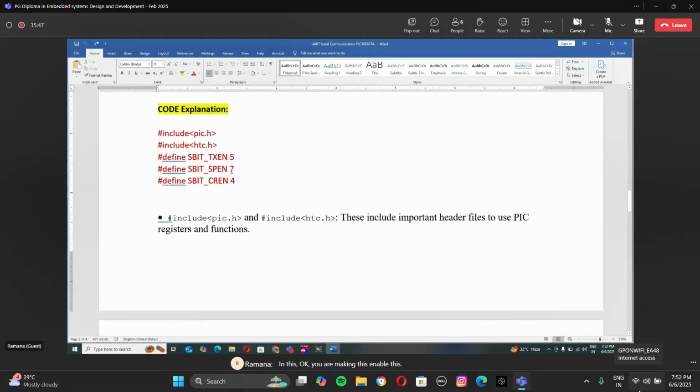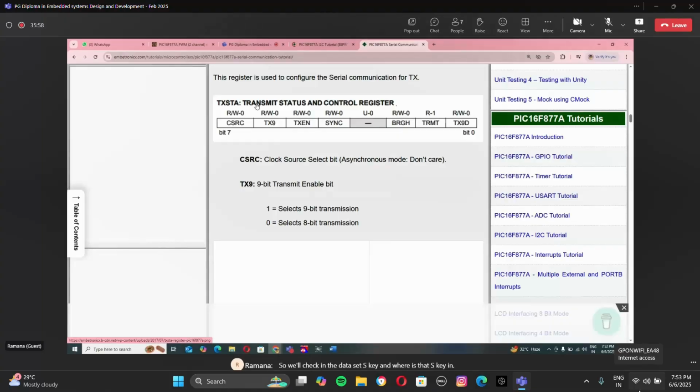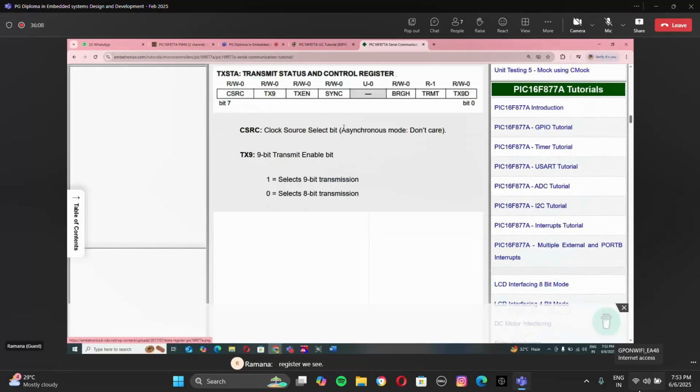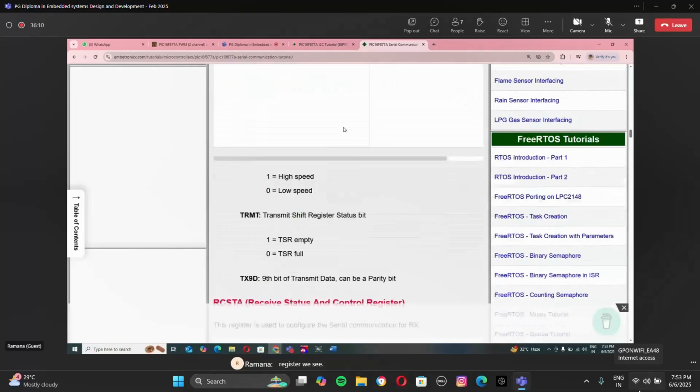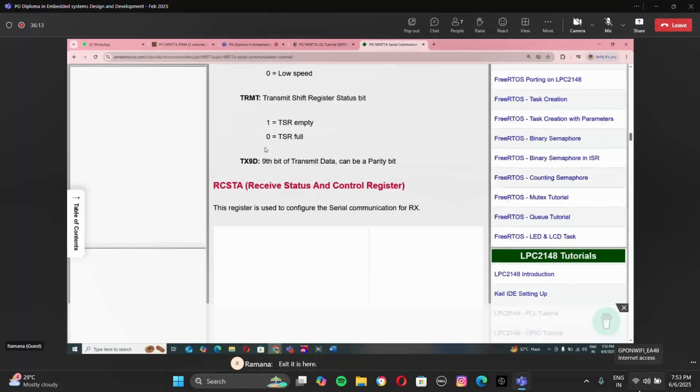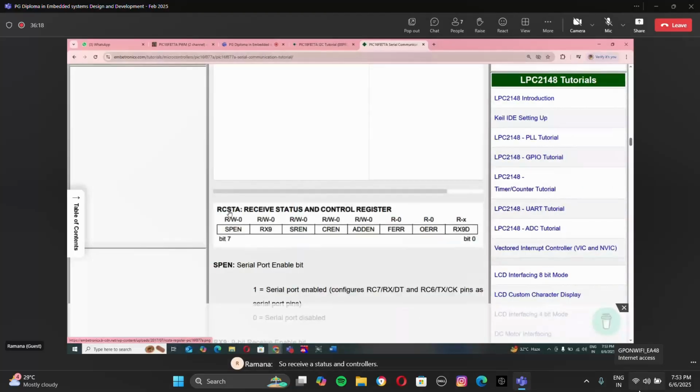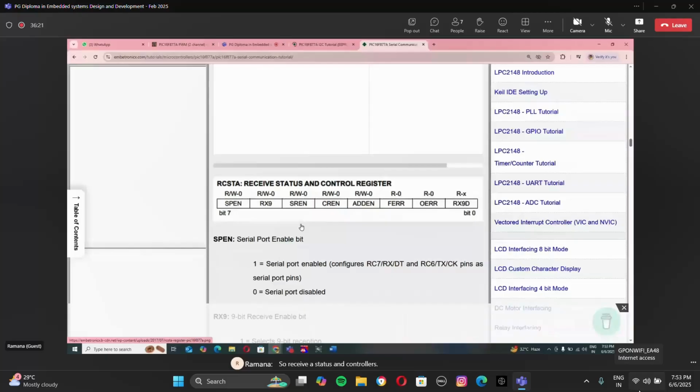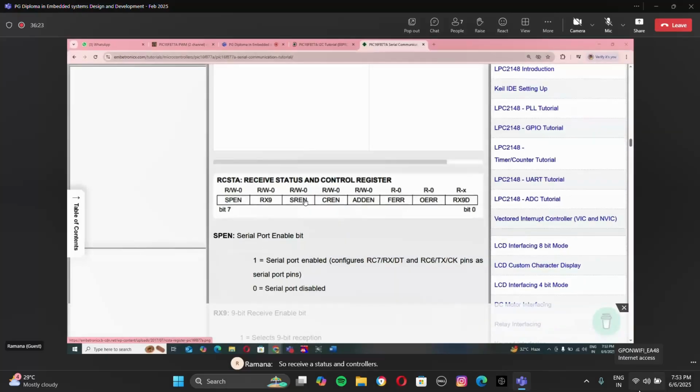Another one, SPEN. This is the seventh bit. We will check in the data sheet. Where is that SPEN? SPEN will be in the receiver, I think, in another register. We'll see. RCSTA, it is here: receiver status and control. SPEN, seventh bit.